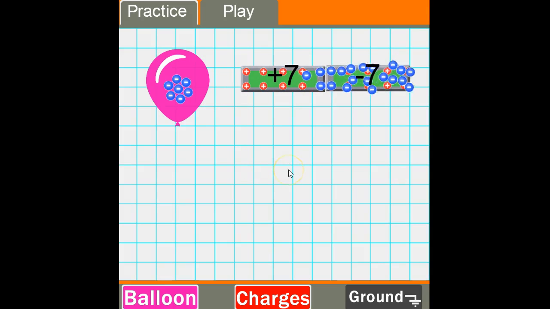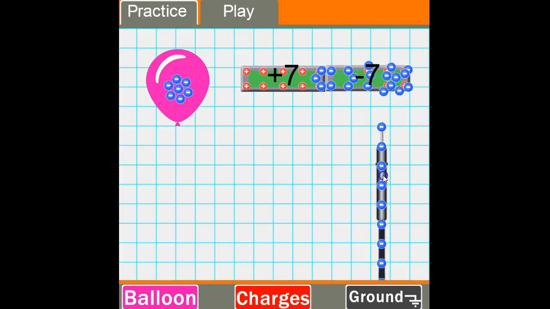Now another thing we've got to use here is a ground, which means a point that's at 0 potential. And we use something called an earthing spike here, and we can drag this around the screen. And if we touch the earthing spike to the -7 end of this combination of metal blocks, we can allow the excess negative charge to run down to Earth, and that will effectively reduce the amount of negative charge at that end.